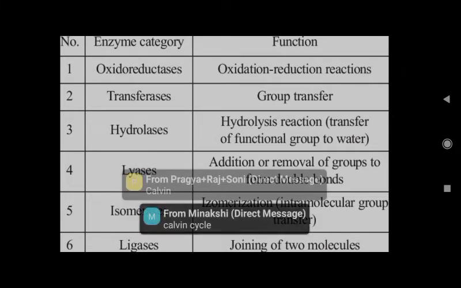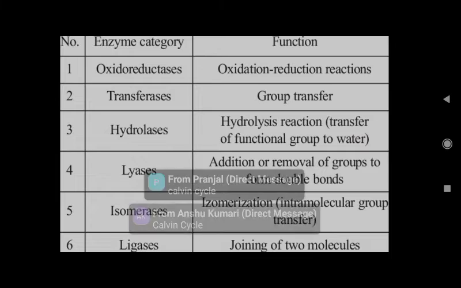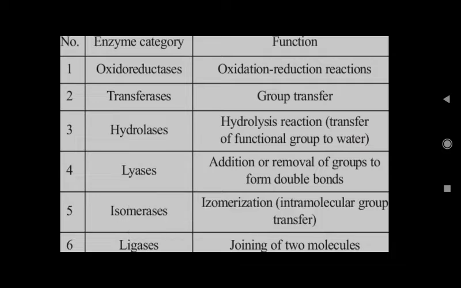Calvin cycle. So there you have seen that RUBP carboxylase incorporates atmospheric carbon dioxide, that means addition of a group, and then it forms, what is the name of the first product which is a 3-carbon compound?